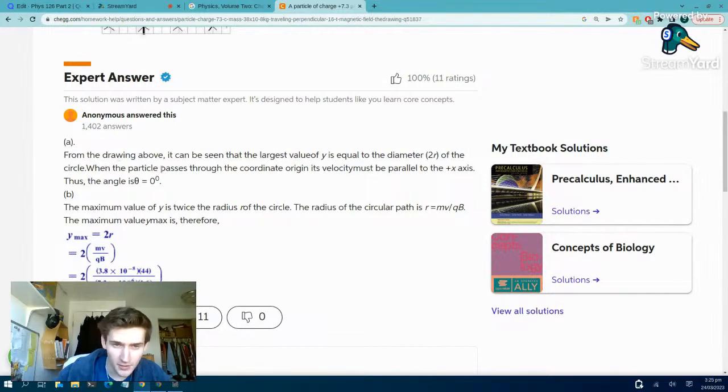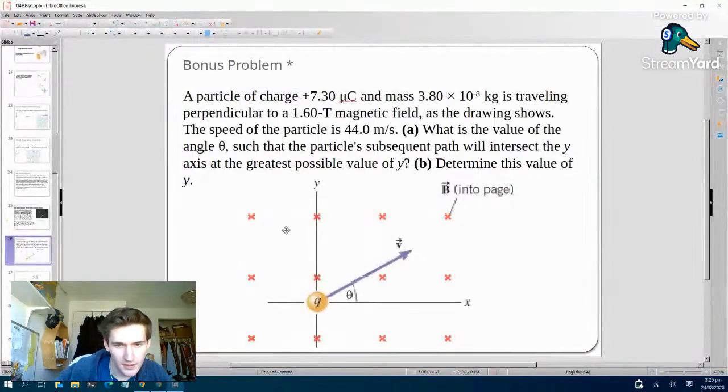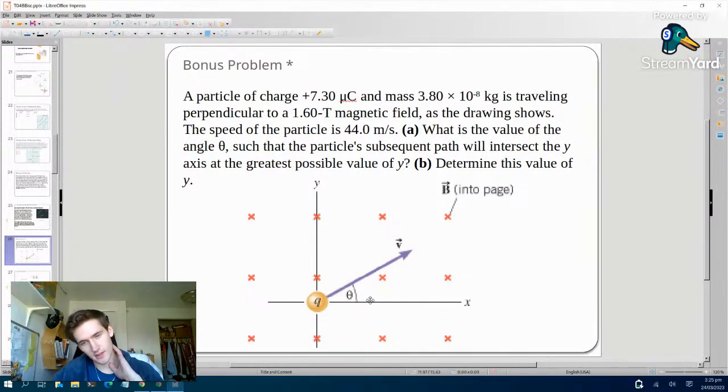Okay, here, when the particle passes through the coordinate origin, its velocity must be parallel to the x-axis. Okay, I see.